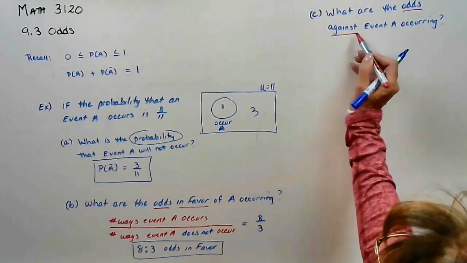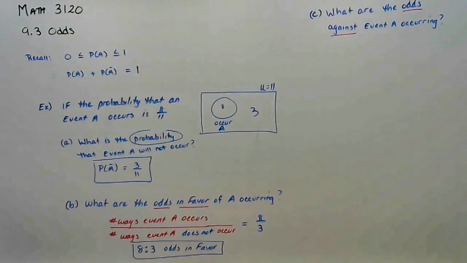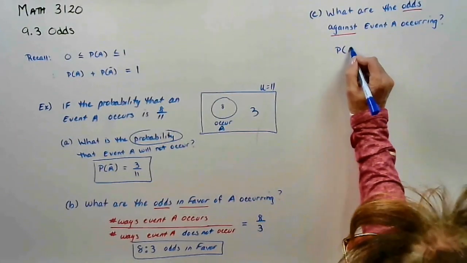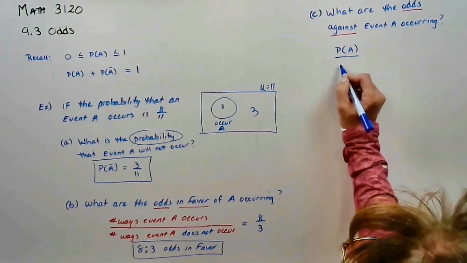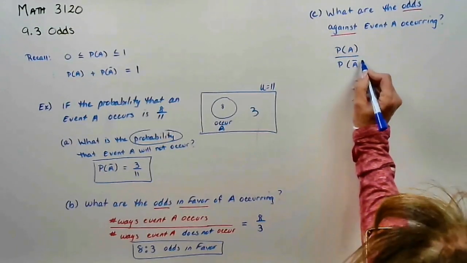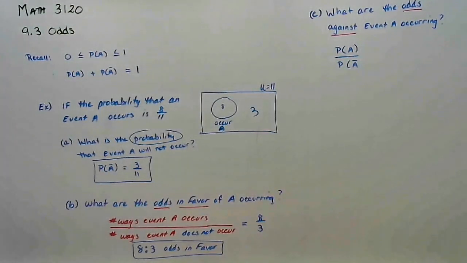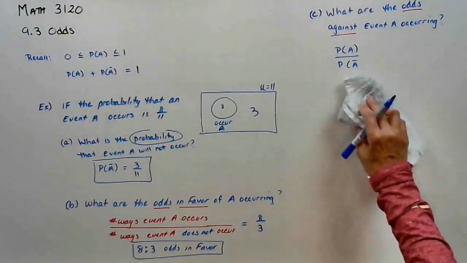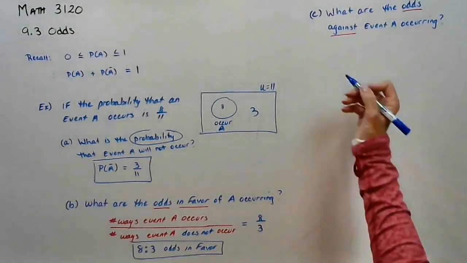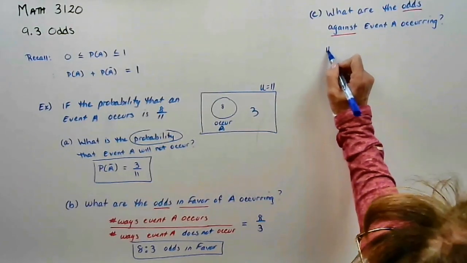So odds would be the probability of A occurring out of the probability of A not. Whoops, sorry, I just did it backwards because it said odds against. So we want the number of ways, here I'll put it in words again.